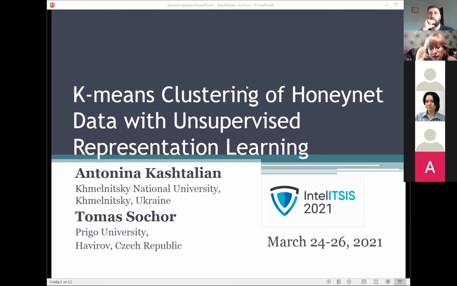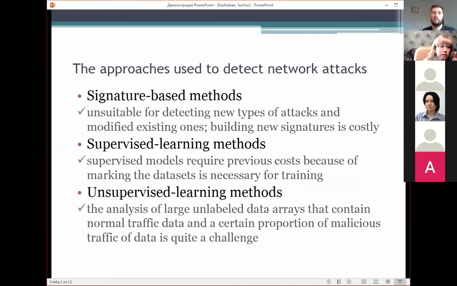Good morning, colleagues. I'm Antonina Kastalyan, and I want to present our work, K-means clustering of HoneyNet data with unsupervised representation learning. As you know, malicious actions on a computer network threaten the stability of its operation and the security of information.